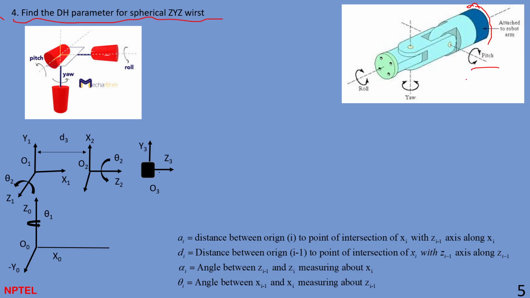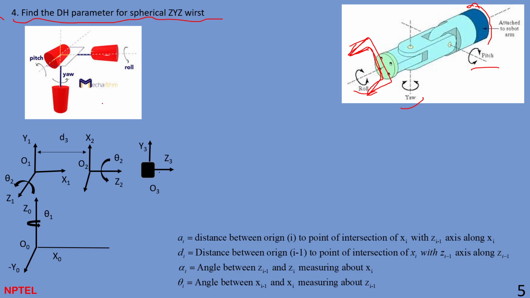First is the pitch part, then there is a yaw, then there is a roll. In this roll, you will find your gripper, so that it can manipulate or hold any object precisely irrespective of its orientation.